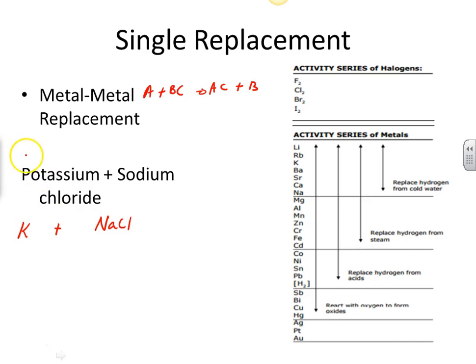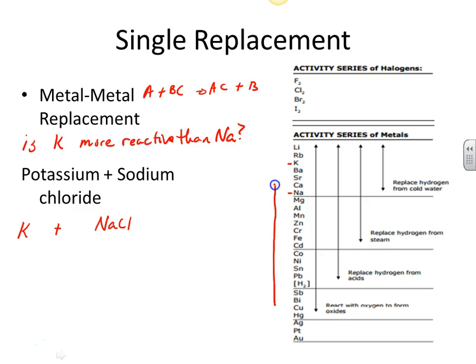So we have to know, is potassium more reactive than sodium? We consult our activity series. You can see potassium is here and sodium is here. In general, the higher up in the activity series, the more reactive.